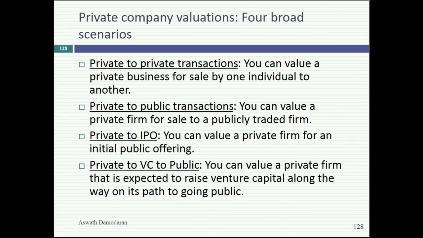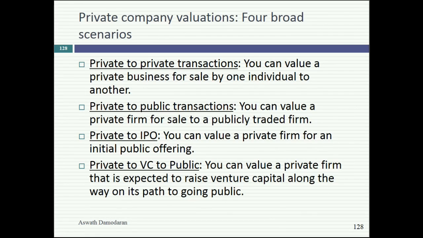So I'm going to go through 4 different scenarios with private company valuations, starting with the most difficult one. The most difficult private company valuation is when you have one individual selling a business to another individual. I'll give you a classic example that's played out every day, all through this country. You're a doctor or a dentist, you built up a practice over time.